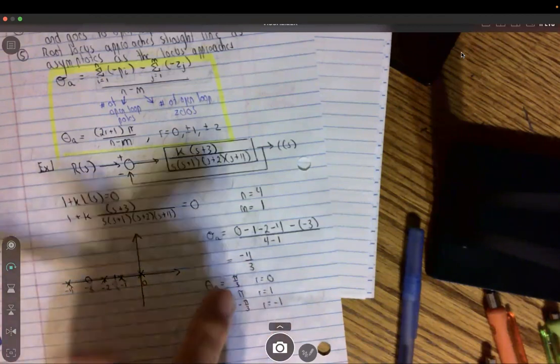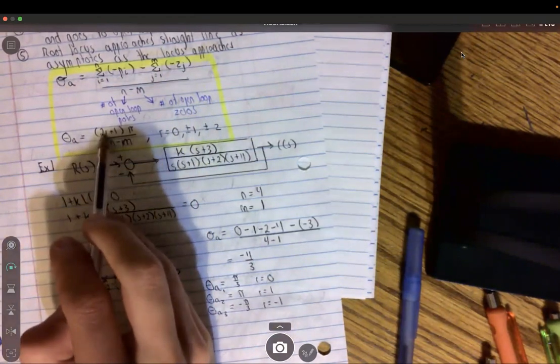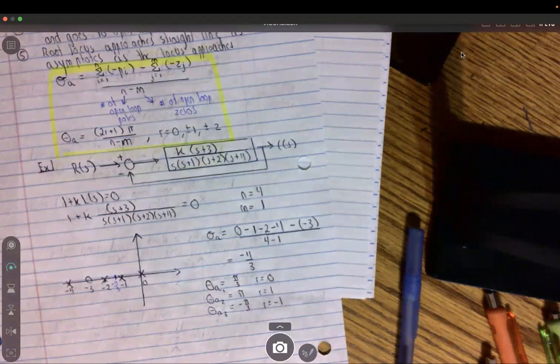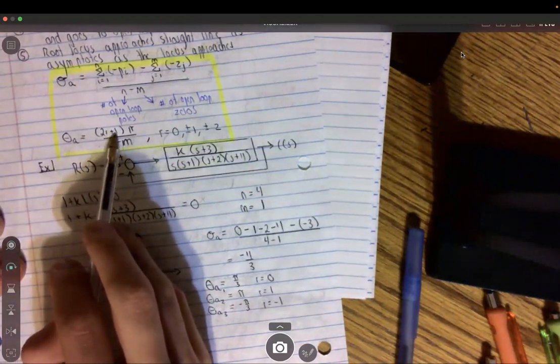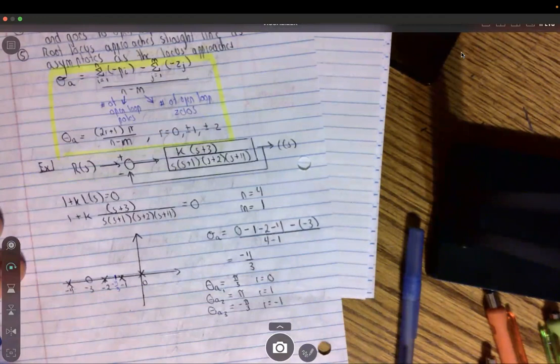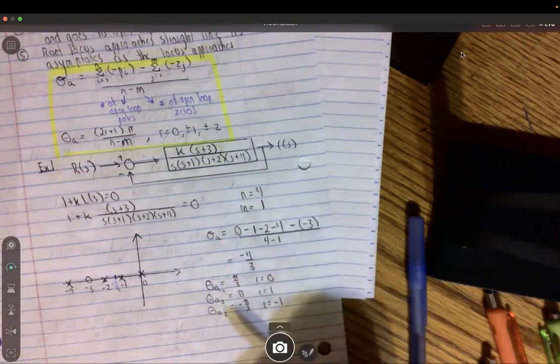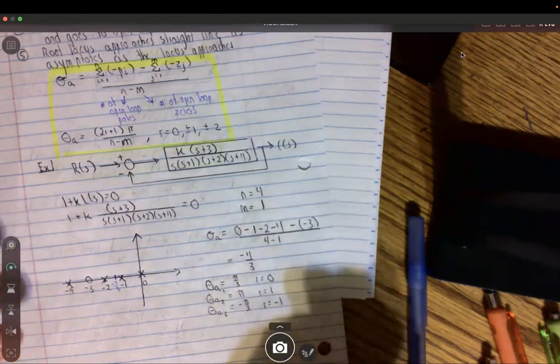Because if you plug in r equals 2, you're going to get 4 plus 1, which is 5 pi over 3. You're going to notice that's going to start repeating itself, and that's what we don't want. Because that's the exact same thing as -pi over 3. 5 pi over 3 is just add 2 pi. So that's why we stop here with 3, because then it's going to start to repeat itself every 2 pi.